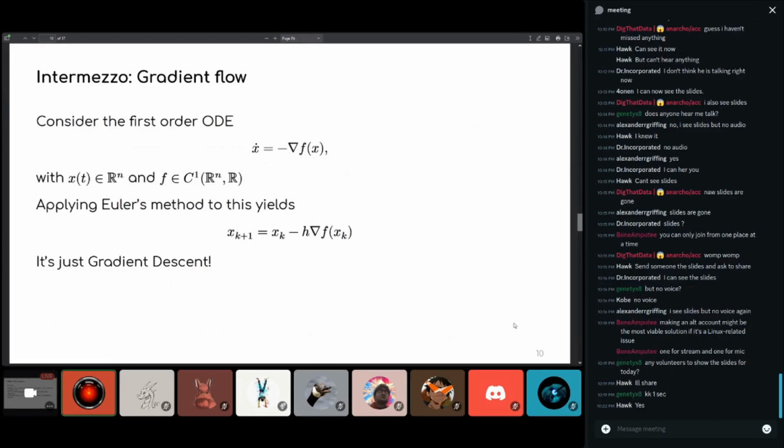So a small interruption before we go to the next part. If you look at this first order ODE, x dot is equal to minus the gradient of f, where f is some differentiable function from R^n to R, and you apply Euler's method to this, basically you just get gradient descent.